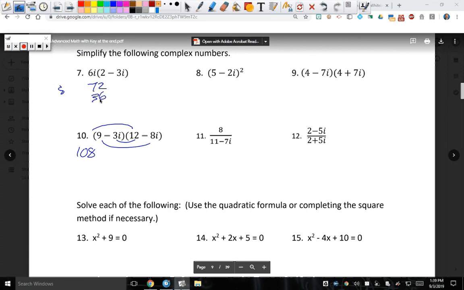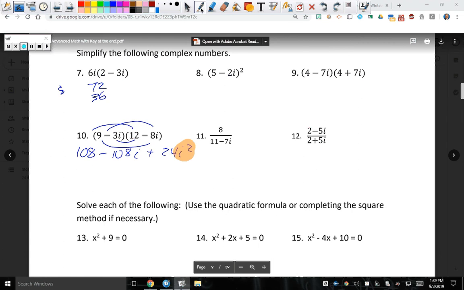You with me? 72, 36, you're adding, but you're having a negative, would be 108i. And then last but not least, a positive 24i squared. And there it is again. You with me?